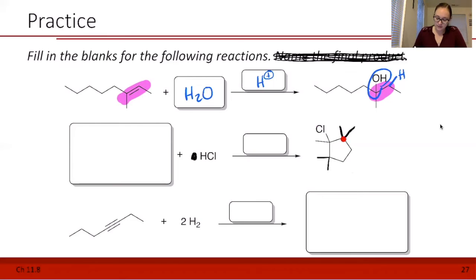Well, this carbon has 3 other carbons attached to it. There's no hydrogens there. This one's the same. It has carbons all attached. There's no hydrogens there. And that means that the hydrogen added must have been in this position. So we must have added HCl in these 2 specific positions.